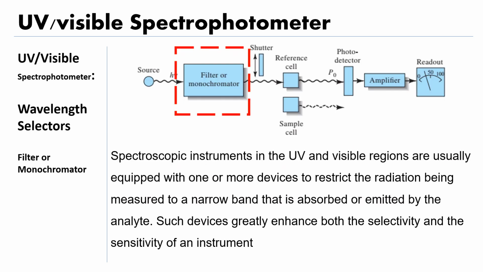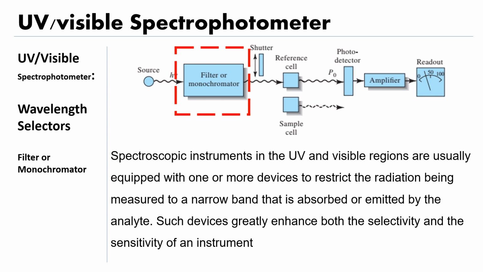Next is the filter or monochromator, which we call the wavelength selector. In UV visible, we use a tungsten halogen lamp as a light source, and it gives continuous radiation. Once this radiation is produced, the next component is a filter or monochromator.